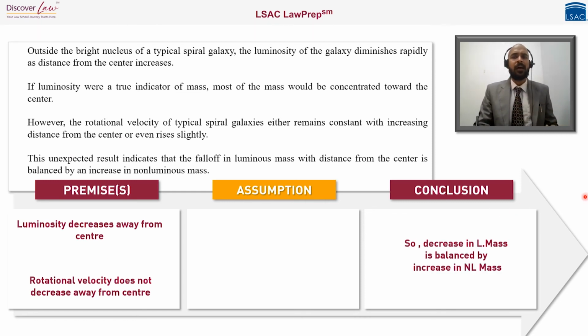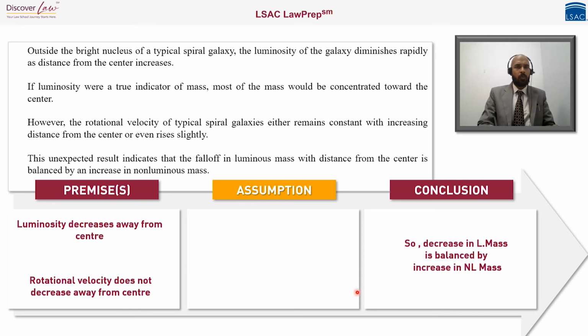And the conclusion, you don't need to think about words like unexpected and so on. The conclusion is that a decrease in luminous mass, I'll call that L mass, is balanced by an increase in non-luminous mass, which I call NL mass.